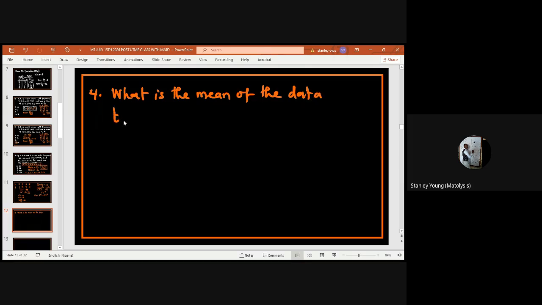Here you have t, 2t minus 1, t minus 2, 2t minus 1, 4t, and 2t plus 2. So the question is asking for the mean of the data. Do that while I write the options.